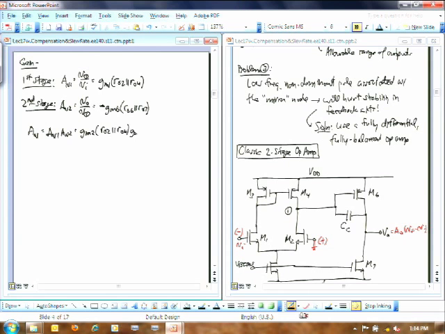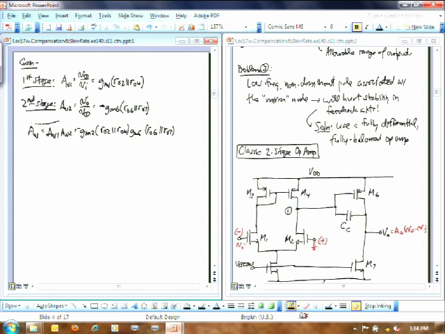And so what do we find about this gain? We find that this gain is the same as the gain of that telescopic op-amp. So if you go back to those notes with the telescopic op-amp, this is exactly the same gain equation for that. So we get an equal amount of gain, but we just do it in 2 stages here.